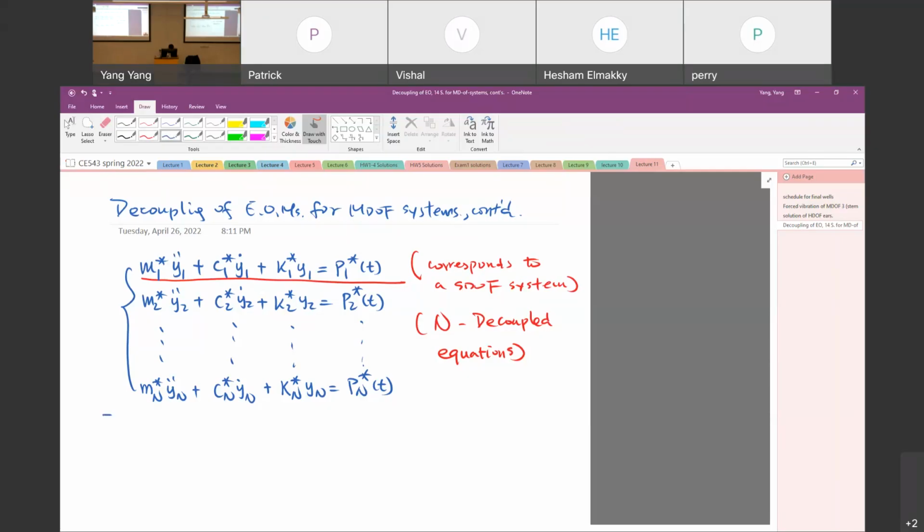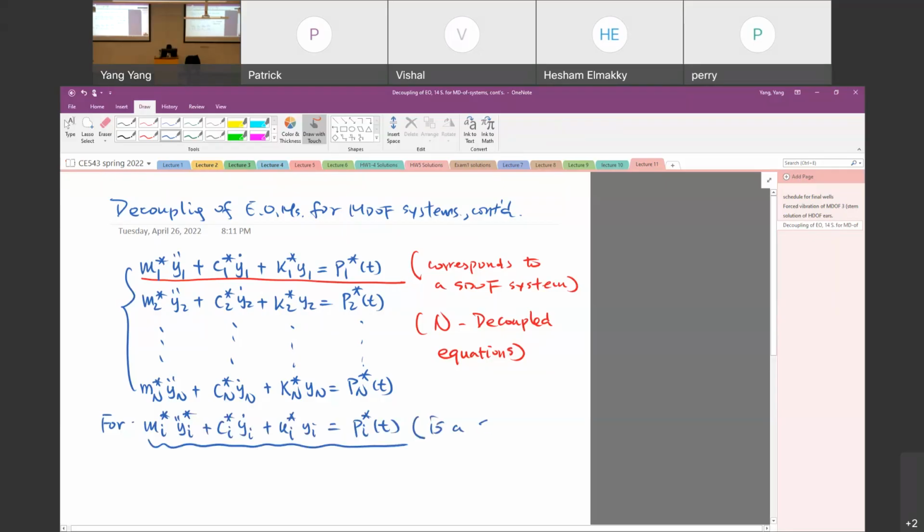So here for Mi, this is a single degree of freedom system. And we can divide that by m.